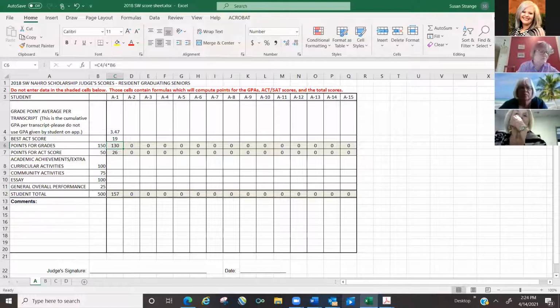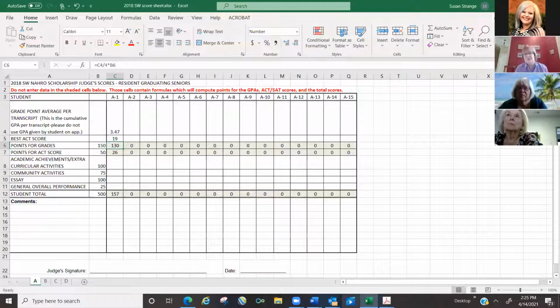Okay. Trying to think if there's anything else. Are there any questions? Because I think that may be all that I need. I did look today and our conversion chart for the SAT and GPA is still current. I Googled that and checked for others and they're all matching this. Okay, good. So we know that's still good.